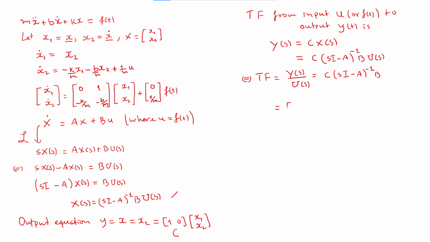So you have 1 0 here times s times I, which is s 0 0 s, minus A, which is 0 1 minus k over m, minus b over m, and all inverse, and then times B, which is 0 1 over m. So here you need to simplify inside the big parenthesis.